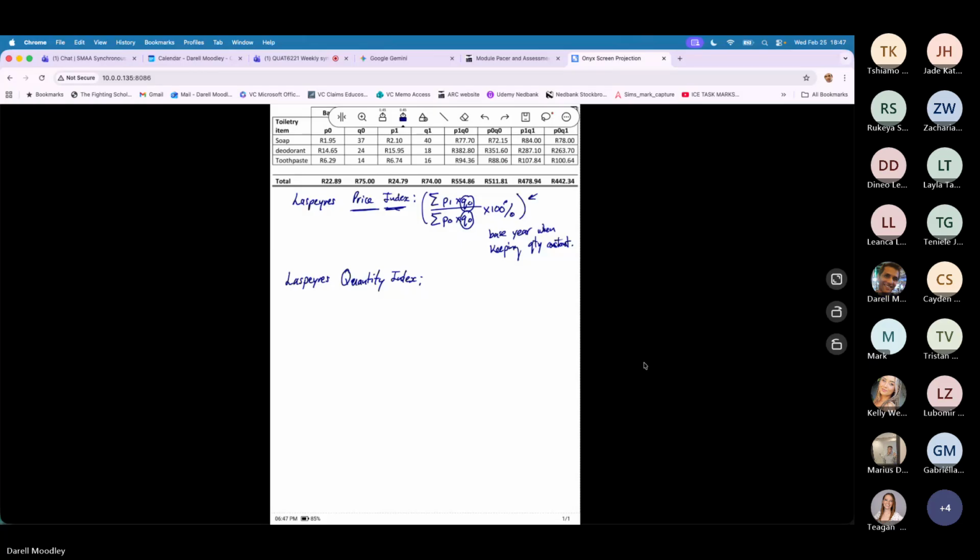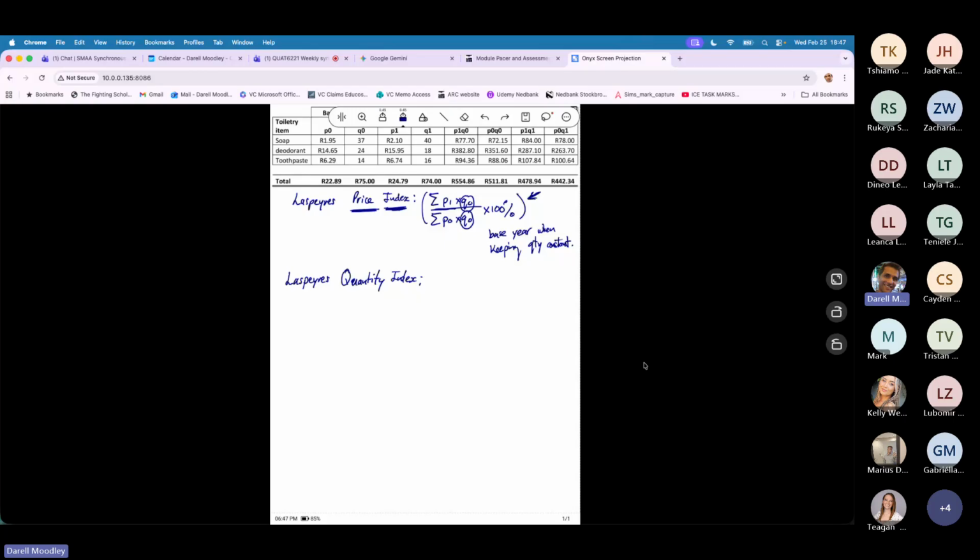Whenever you're working out a price index, you need to look at the price in the current year and the price in the base year. So you look at P1 and P0. They have to be different because that's how you detect the change. You want to know how the price has changed, so you look at the price in the current year divided by the price in the base year, relative to the base year.